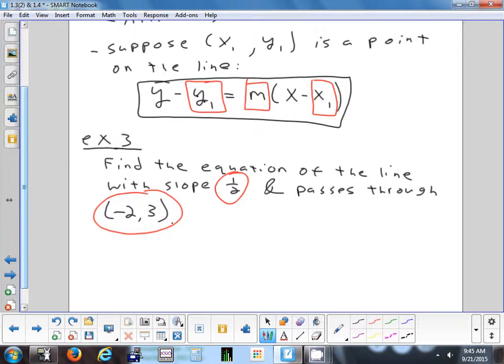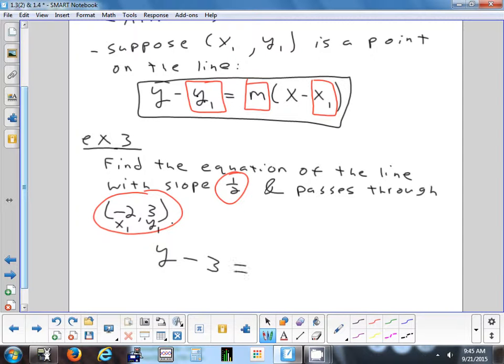All right, so let's start with negative 2. Well, Fernando, is this x1 or y1? X1. Yep. And 3? Y1. Just fill it in and see what we get. We've got y minus y1.